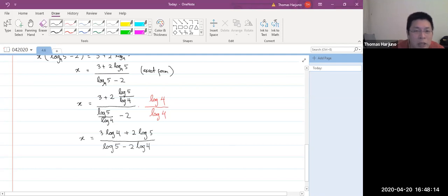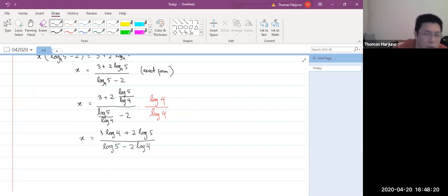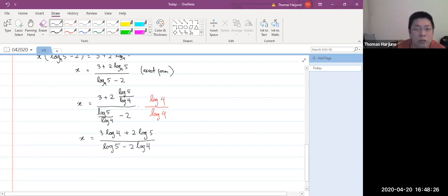Now, this form is the one you can use a calculator with if your calculator has only base 10 and base e. Now let me show you how to punch this into our calculator.